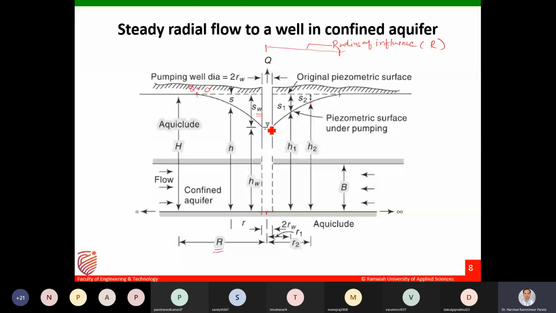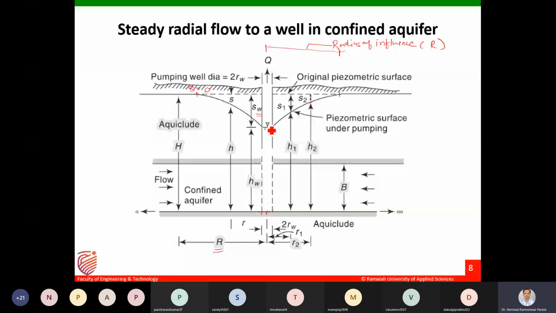Same way, you can derive the equation for unconfined aquifer. Here the base is impermeable and the top water level is at atmospheric pressure. It will have the same effect. Once we pump the water from the borewell, we have a cone of depression, and then we will have the piezometric heads H1, H2. Other notations remain the same.